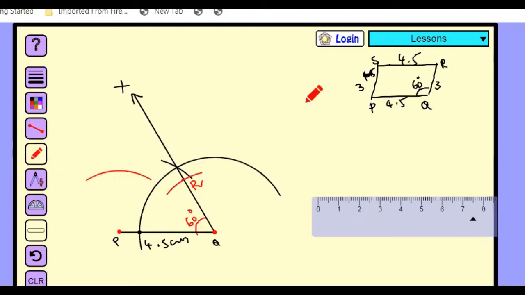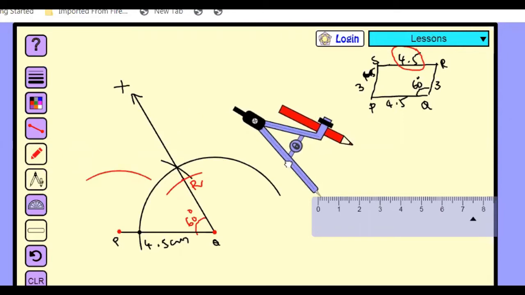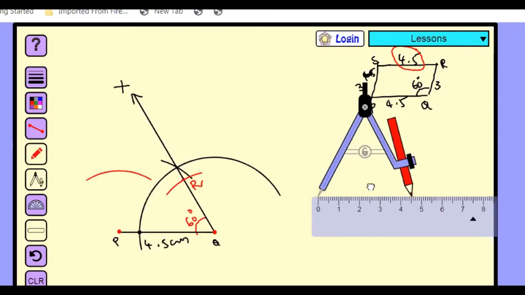Now next we are locating the point S from R. So you should take the compass length as 4.5 centimeters. Why? Because the length of SR is 4.5 centimeters. Now take the compass, place it on the ruler and take the radius as 4.5 centimeters.